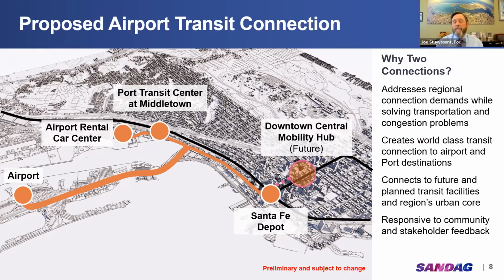I'll jump in here on this just to say that as we're looking at the Port Master Plan update, we're looking at multiple options along Harbor Drive, but all of them will be dependent upon what the region decides is the plan for airport and connectivity, so that we can add to the solution and not add additional complications.